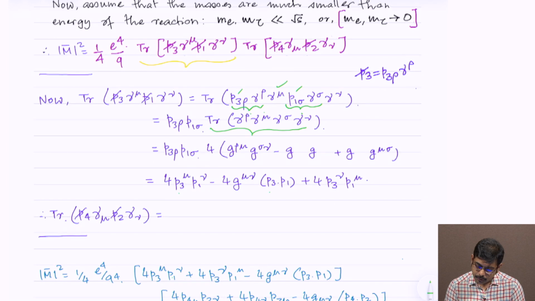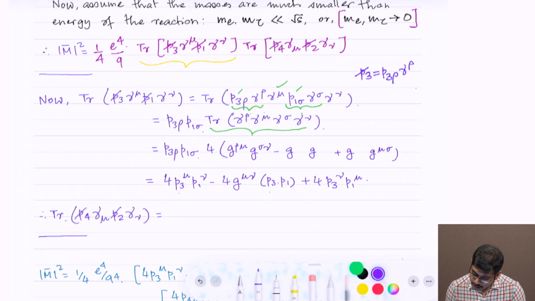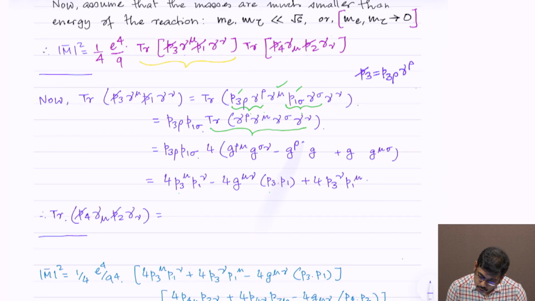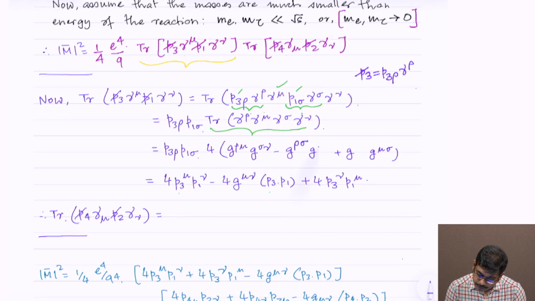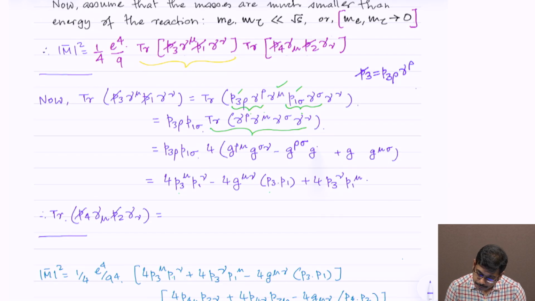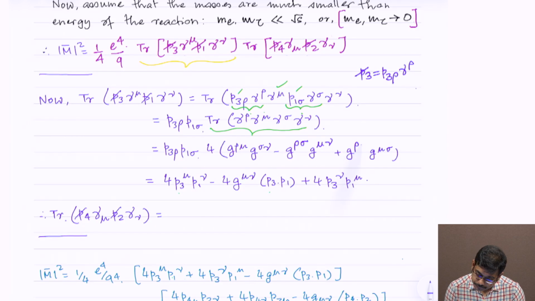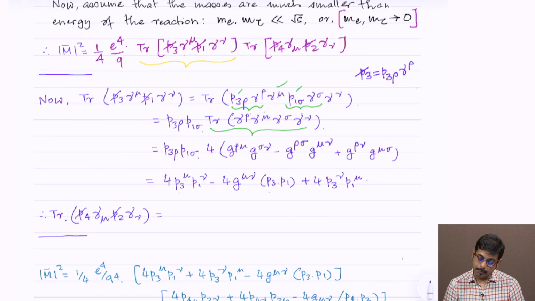And then the next term will have g rho sigma, g mu nu, right? And the third term will be g rho nu, g mu sigma.